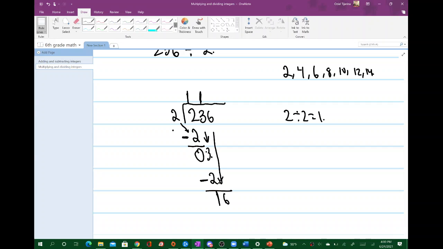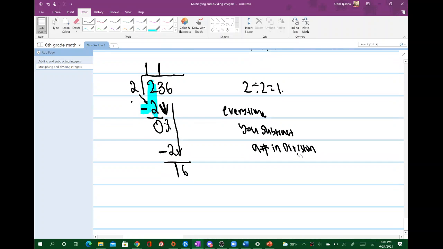I subtracted a number here, so I brought the other number down. Basically every time you subtract a number in division, you always bring the next number down.